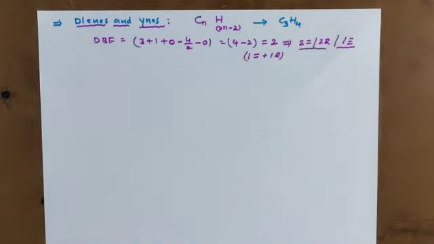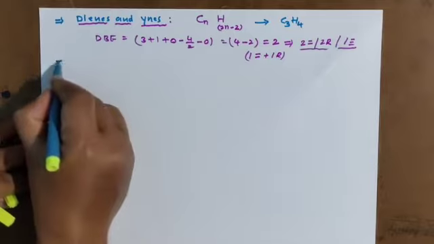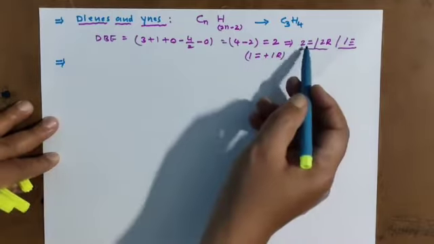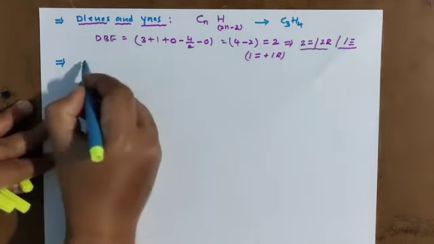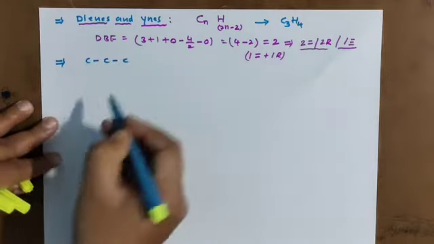Let me try that. First I am taking 2 double bonds with 3 carbons: 1, 2, 3.